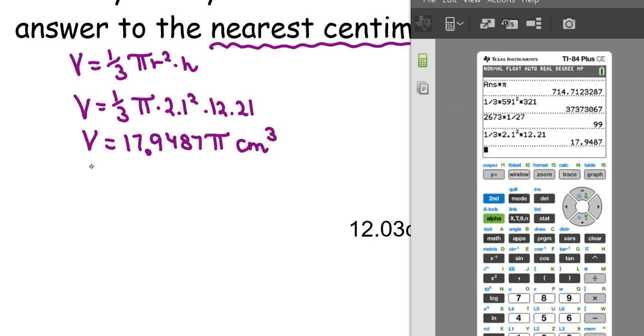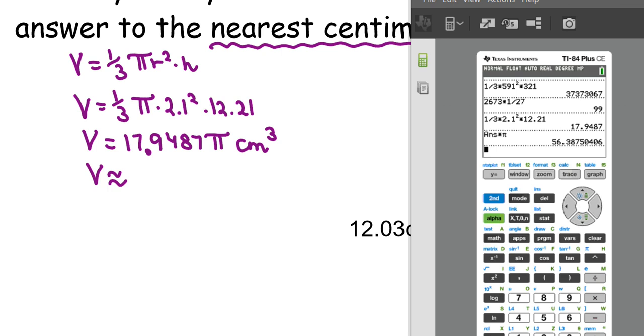Now that's a temporary answer. The approximate answer that I actually want to keep would be this answer rounded to the nearest centimeter. So I actually have to multiply it by pi and then round to the nearest whole number, which would be 56. So the 3 in the tenths position would just keep me at 56 cubic centimeters. Okay, check off number 14.